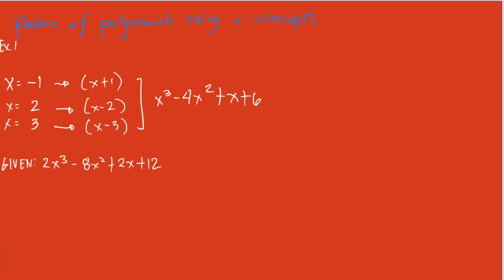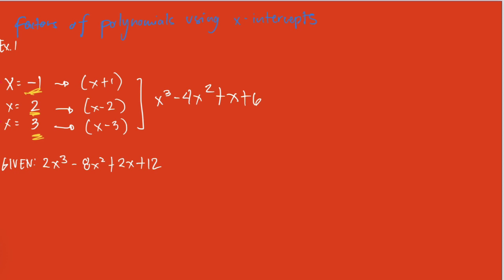What if that is your given? You may immediately use your calculator here to get the x-intercepts. And you will get the same 3 x's that I indicated here: x is -1, 2, and 3. Even though you use a different example.